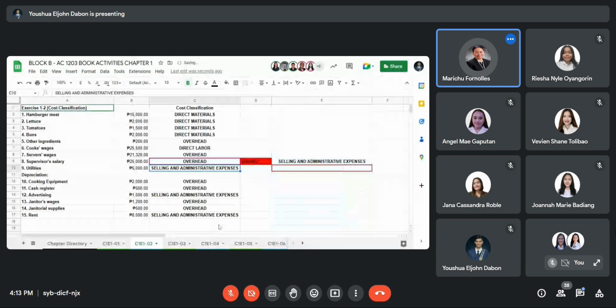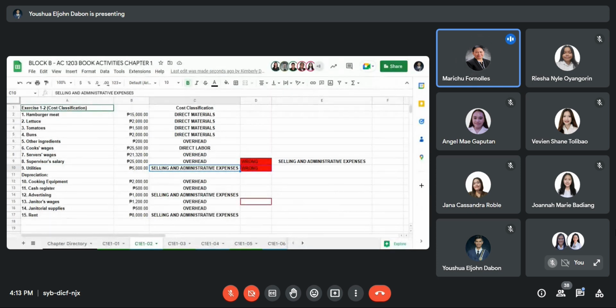But utilities, you charge them. Since they cook and prepare the product, a greater part of the utility cost is charged to production. Therefore, you will have it as part of your production cost, as part of overhead.